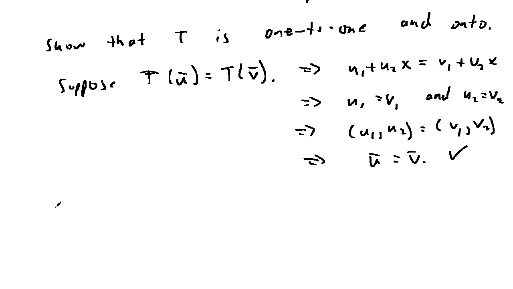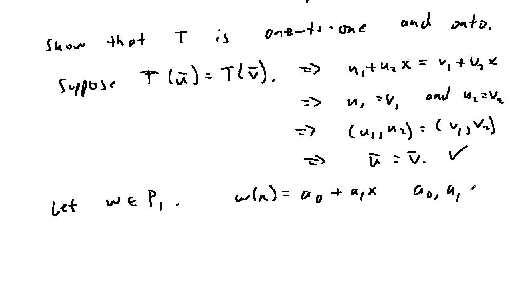Now let's show that T is onto. Let w be some polynomial in P1. So w of x equals some polynomial like this, where a0 and a1 are some constants. Now let v be the vector (a0, a1) from here.